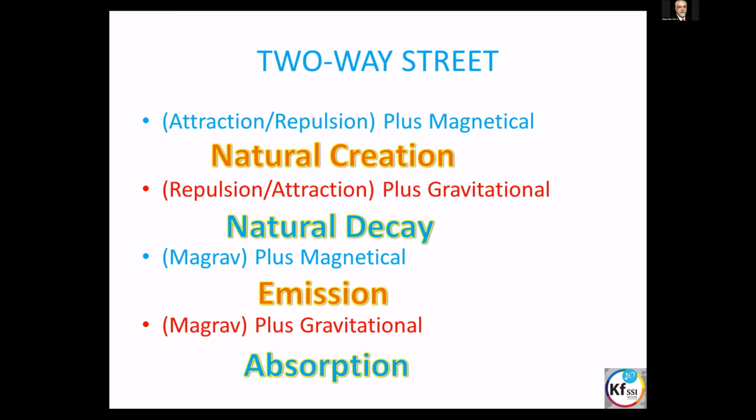It becomes more dense. So it's a MAGRAV condition, which is a combination of the attraction and repulsive forces plus an energy. So if it's magnetical, it's an emission, emitting from the MAGRAV condition. If it's gravitational, it's absorbing to the MAGRAV condition. You have to have a MAGRAV condition to have a point of starting and a point of destination.